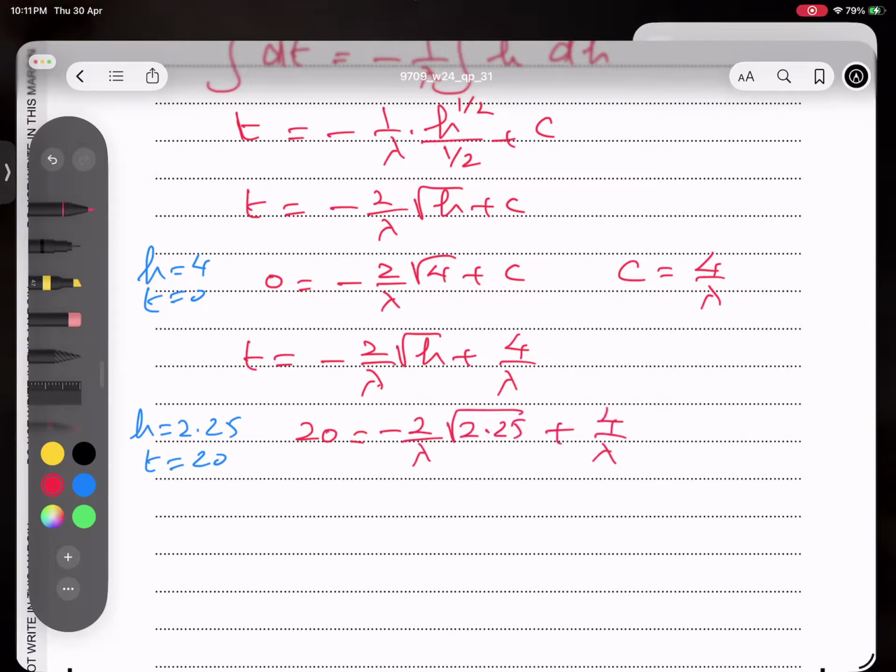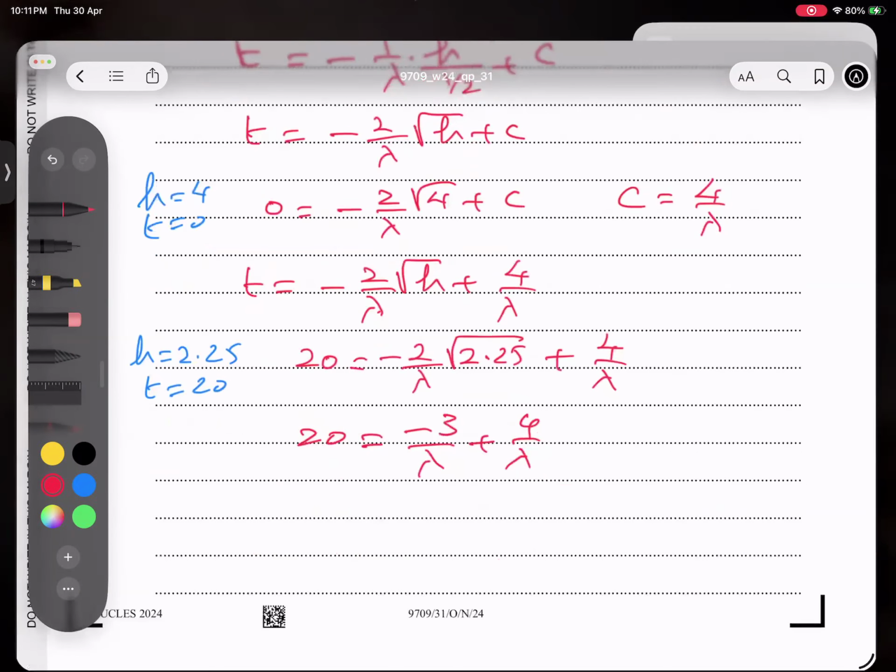Now we check it in the calculator. Root of 2.25 is 1.5, and 1.5 into 2, I get 3. So 20 equals negative 3 over lambda plus 4 over lambda. Taking LCM lambda, 20 equals minus 3 plus 4, and the lambda value is coming, sorry, 1 over 20.